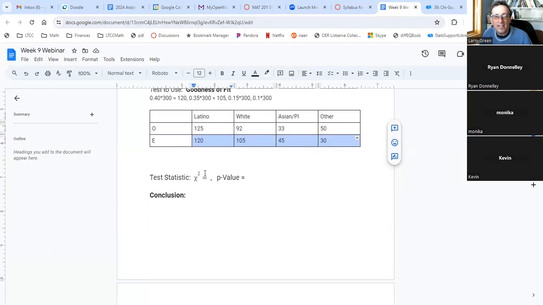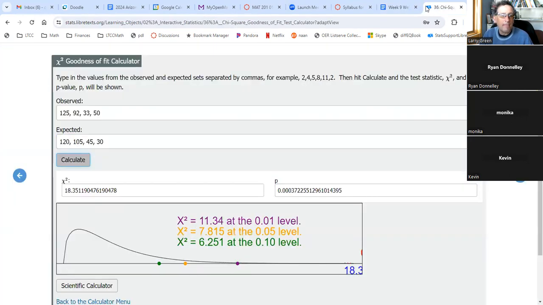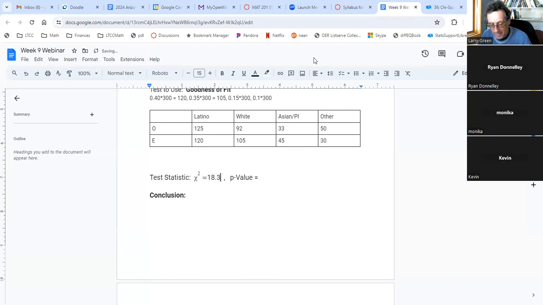So chi-squared was 18 point something, 0.35, and the p-value was 0.00037. Any questions on that?